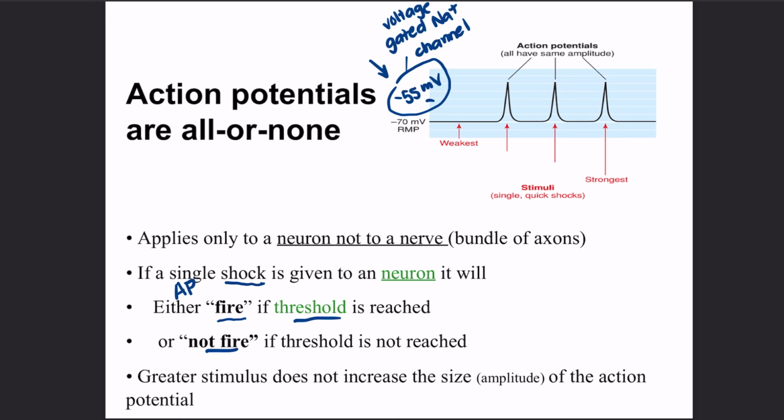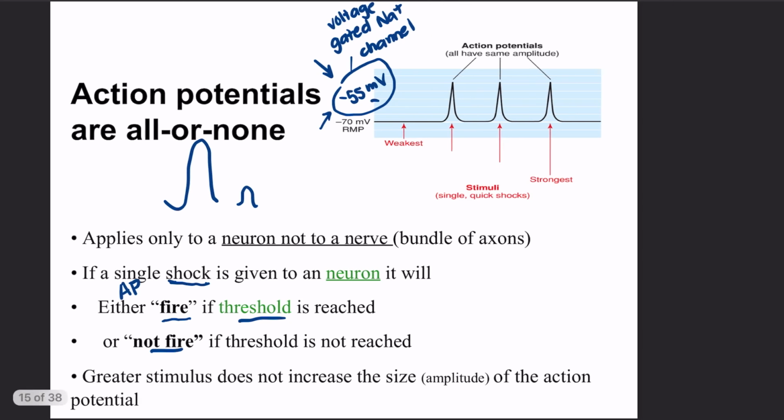And so this is what we mean by saying action potentials are either going to happen or they're not going to happen. And what that means is that you can't have like a big action potential and then a little action potential, right? Action potentials do not increase in size based off of the size of the stimulus. As long as there is a stimulus that can make it go above this threshold millivolt, there is going to be an action potential.